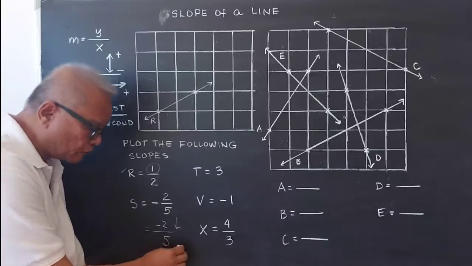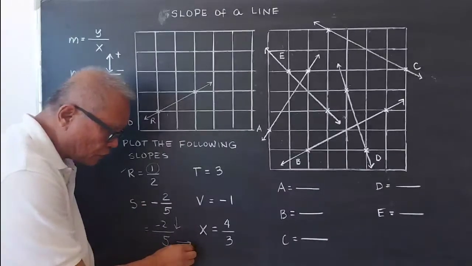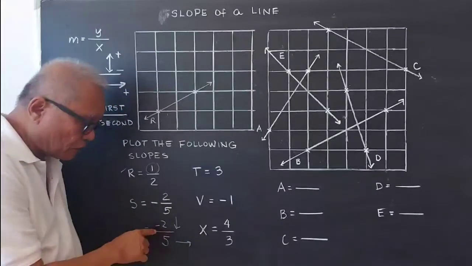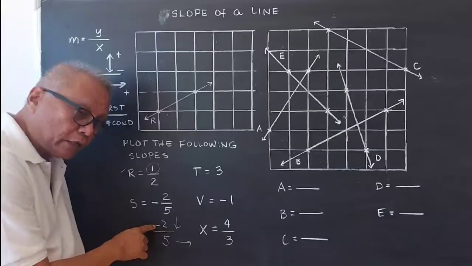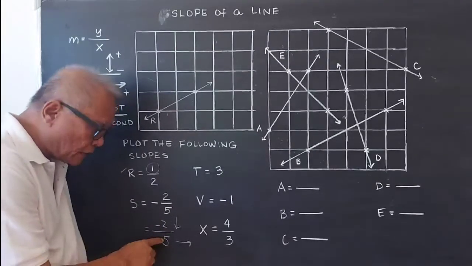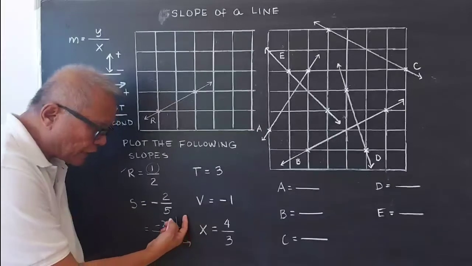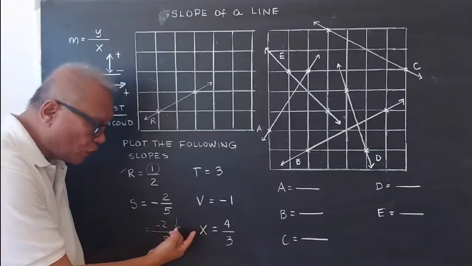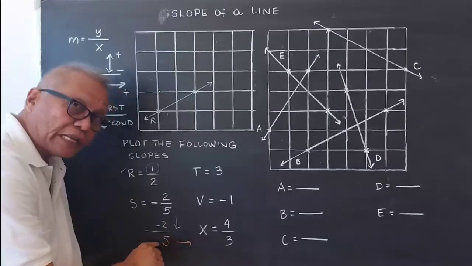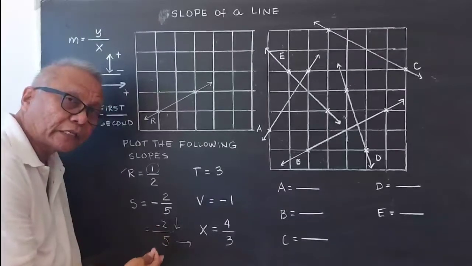Afterwards, this is positive, then we go to the right. Now if this one is positive and this one is negative, then your arrow is going up over, going to the left because 5 will become negative.